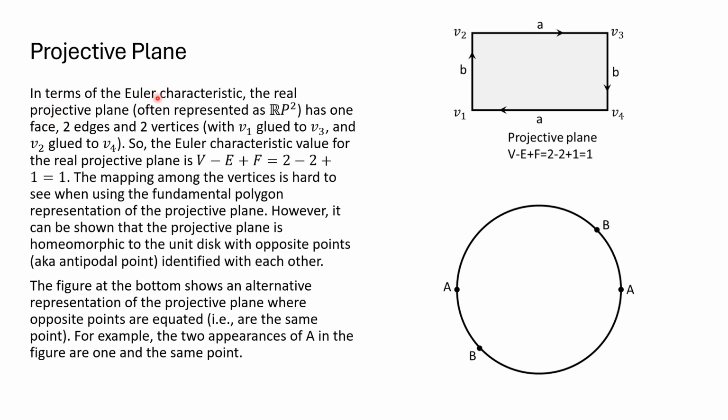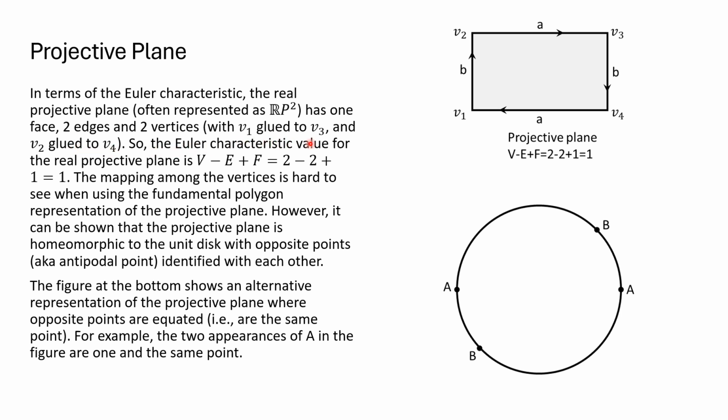In terms of the Euler characteristic, the real projective plane, which is represented as RP squared, real projective, and then 2 just means two-dimensional, has one face, 2 edges, and 2 vertices, with V1 glued to V3 and V2 glued to V4, or whatever you want to call them. I use the word glued here, but you could say associated or mapped.